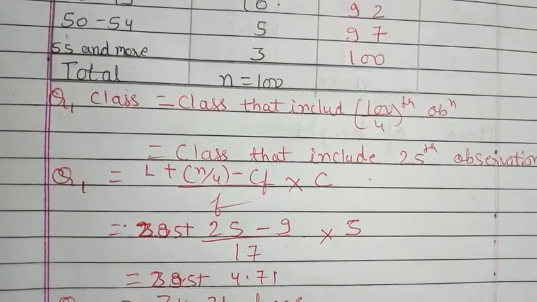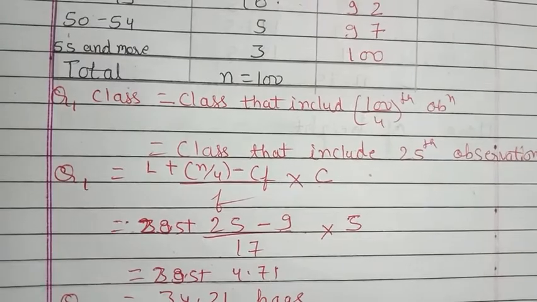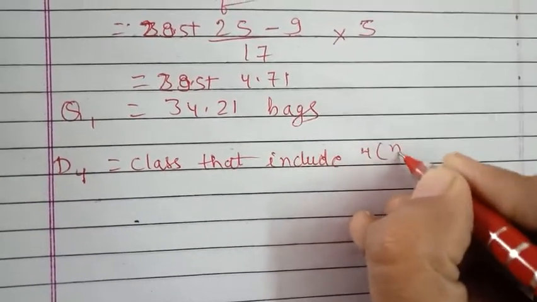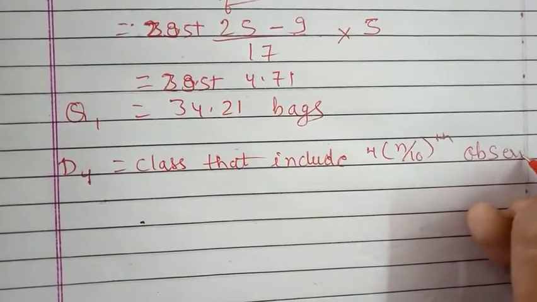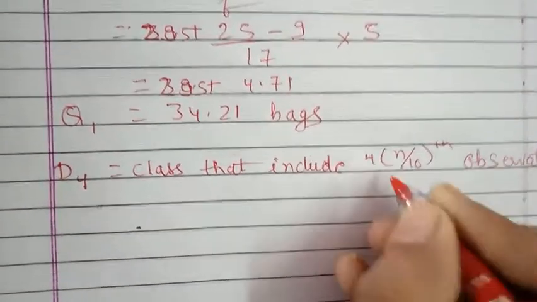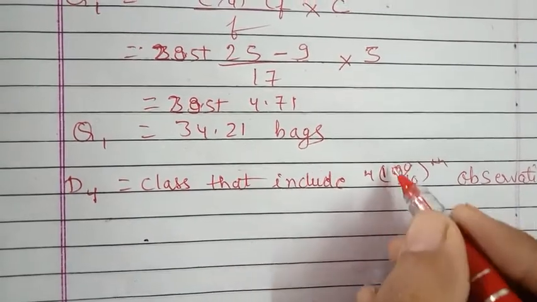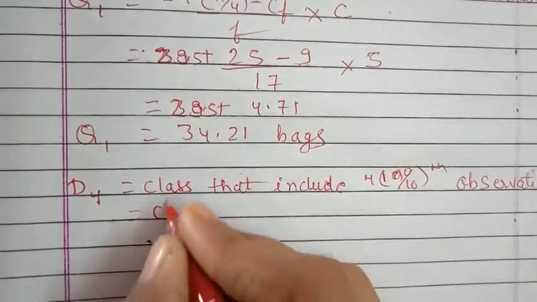In the same way, class that includes 4n upon 10th observation. Now what is my n? N is 100. So 100 divided by 10 is 10, and 4 into 10 is 40.